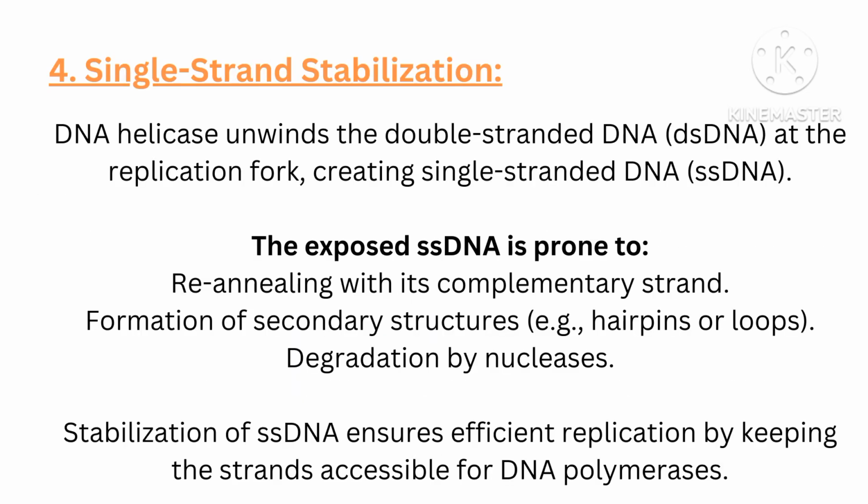4. Single-strand DNA stabilization. Helicase unwinds the double-stranded DNA, dsDNA, at the replication fork, creating single-stranded DNA, ssDNA. The exposed ssDNA is prone to re-annealing with its complementary strand, formation of secondary structures, for example hairpins or loops, and degradation by nucleases.